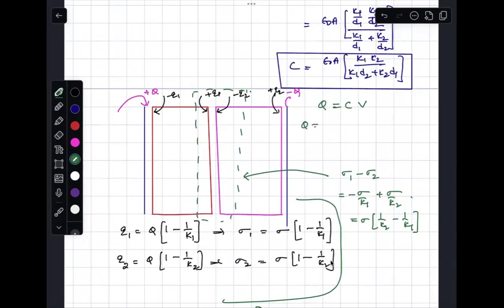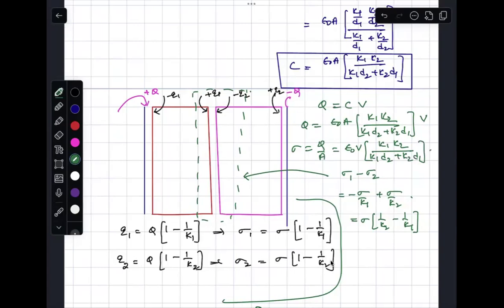So clearly, Q is equal to epsilon naught A K1 K2 by K1 D2 plus K2 D1 times V. By the way, sigma is nothing but Q by A, which is nothing but epsilon naught V times K1 K2 by K1 D2 plus K2 D1.